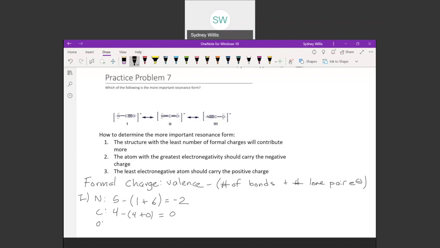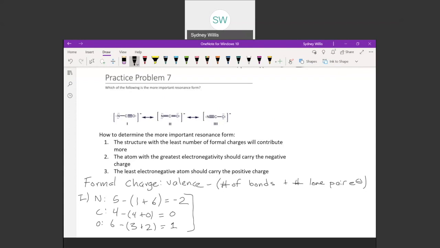And if we look at oxygen, it has 6 valence electrons minus, let's see, it's bonded 3 times to carbon, and it has 1 lone pair, so that means it has 2 lone pair electrons. So it's going to have a formal charge of +1. So we can double check our math by making sure these numbers add up to our total charge of the molecule, which is -1, and they do. So that's good. That's a good resonance structure.